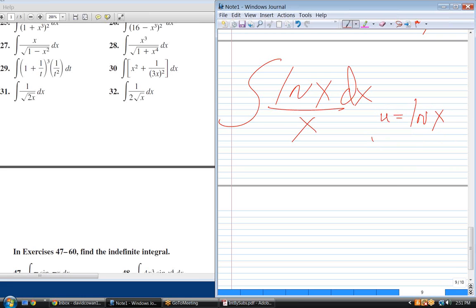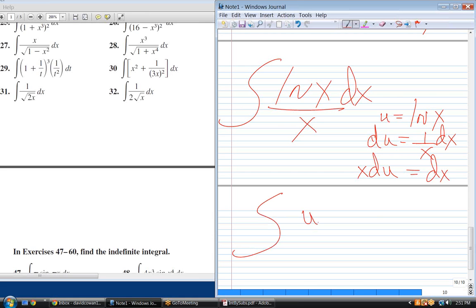Watch what happens. So here, dx ends up being equal to x times du. That's perfect. That's what we need. We got the integral of u du.